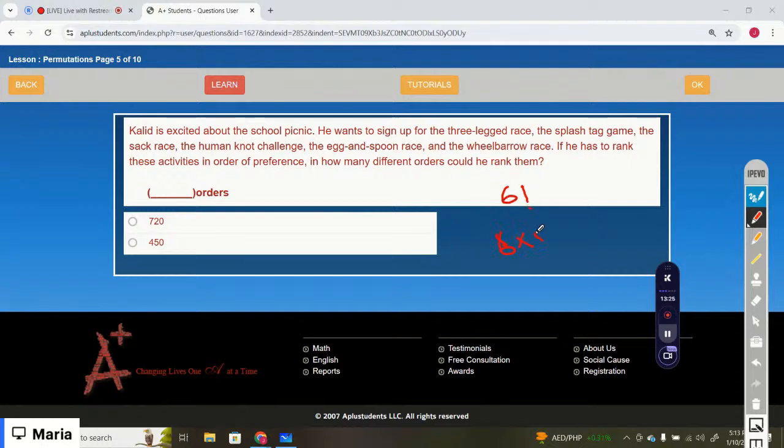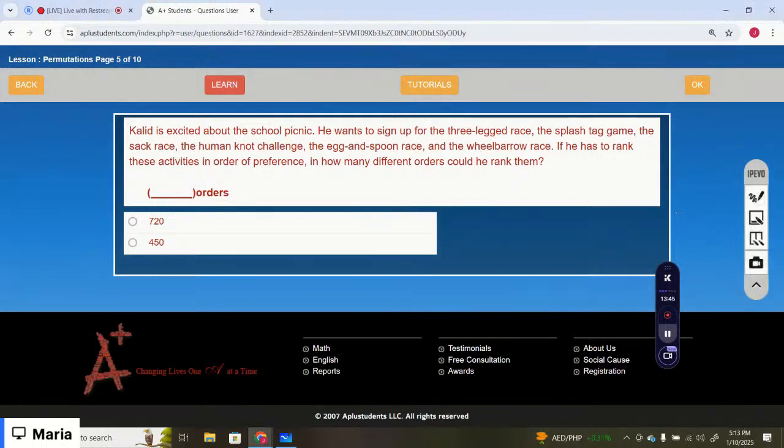That is 6 times 5 times 4 times 3 times 2 times 1. That is 720. Option number 1 is the correct option.